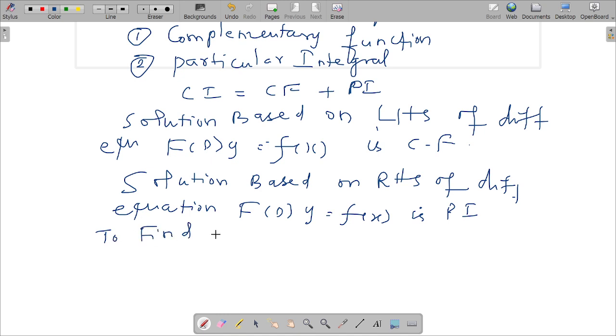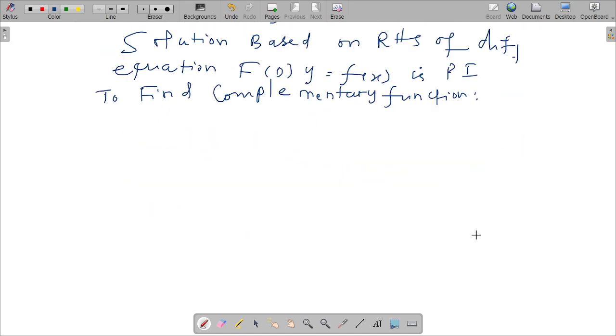One small recap to find the complementary function. Write the heading: to find the complementary function, first take the given equation in the format a0 D square plus a1 D plus a2, into y, equal to some function of x.